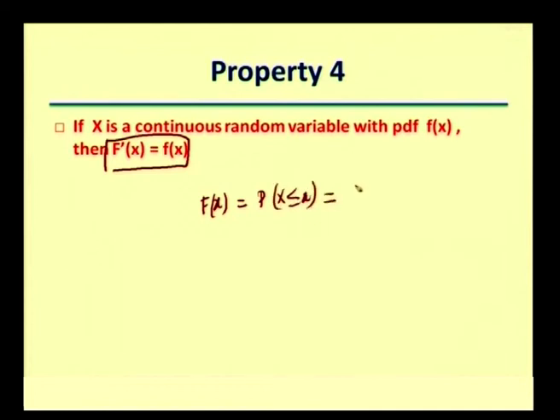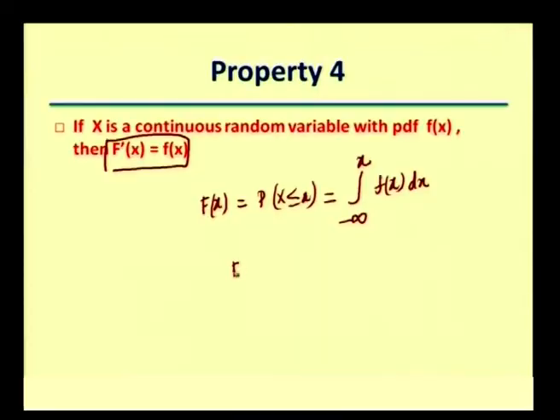In the case of continuous random variable, we have defined it as the integral from minus infinity to x of f of x dx, isn't it? So, integration and differentiation are opposite to each other. When you differentiate F dash of x, you get small f of x. That's it. So, if X is a continuous random variable with PDF f of x, then F dash of x is equal to f of x.